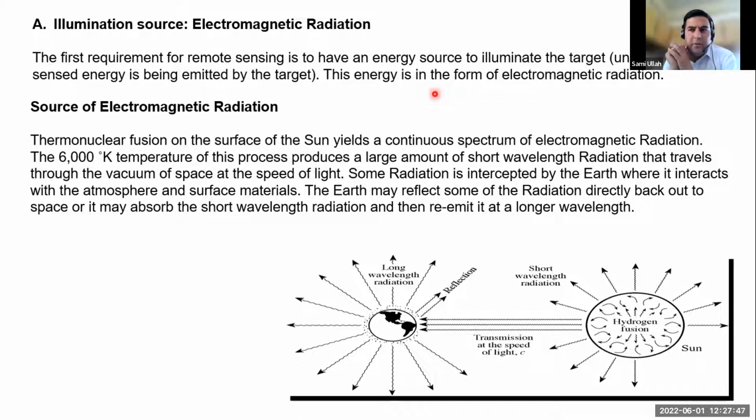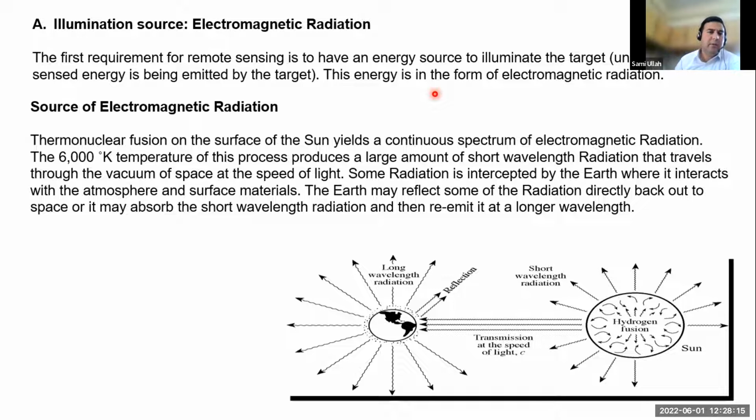A very simple example: if you are at night, you cannot see anything, but when you open your torch, it emits electromagnetic radiation. It emits light. So this light goes to that object, and then after interaction with the object, this light goes back to your eyes, which is a kind of sensor, and then you can see that object.